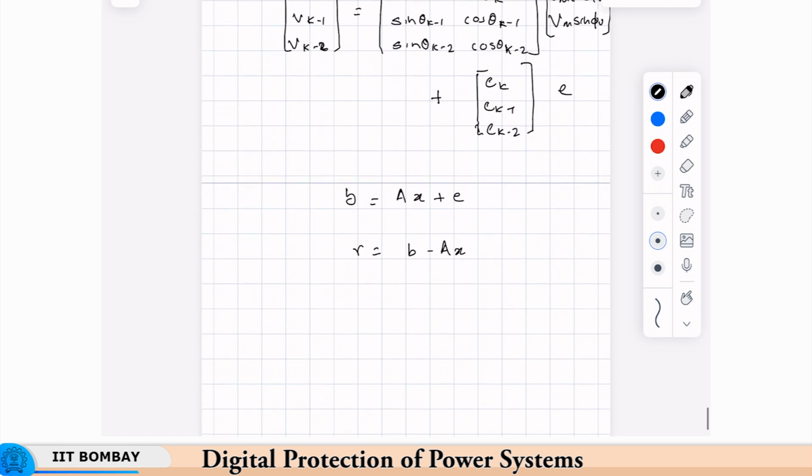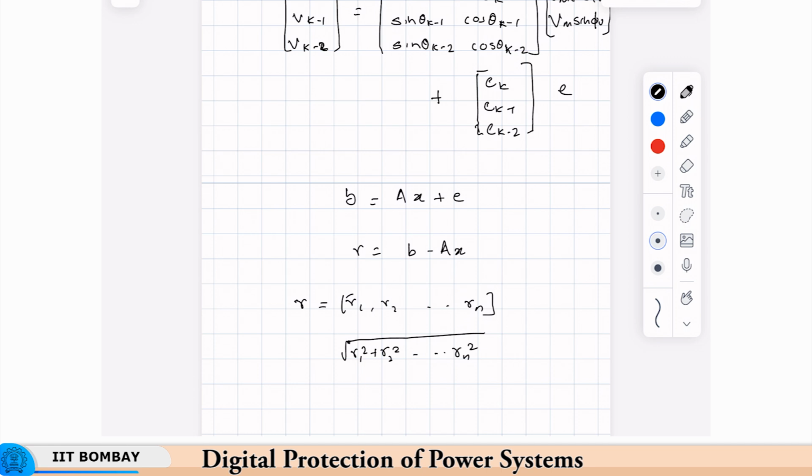Now, what is this? It is the second norm. We could do it with the first norm also, in which case it is known as the least absolute value, not the least squares. So, if the components of R are R1, R2, etc., Rn, then what we try to do is minimize R1 square plus R2 square up to Rn square.